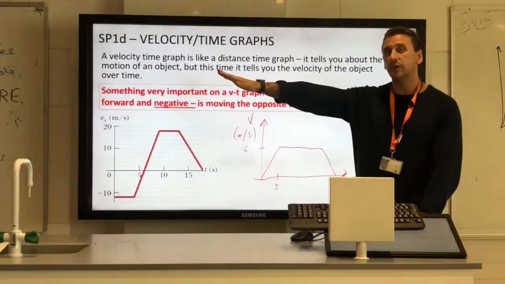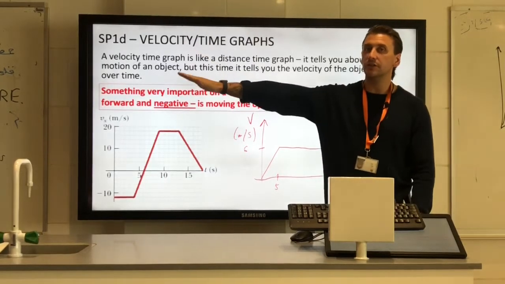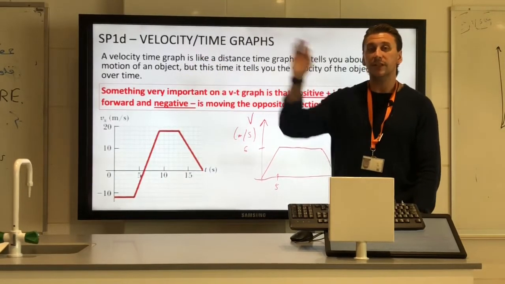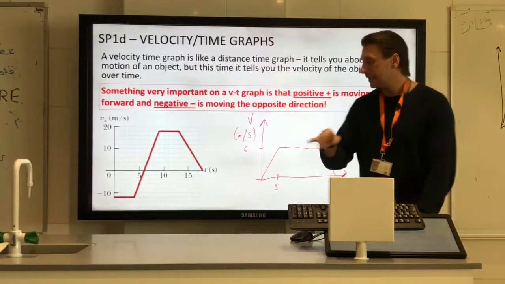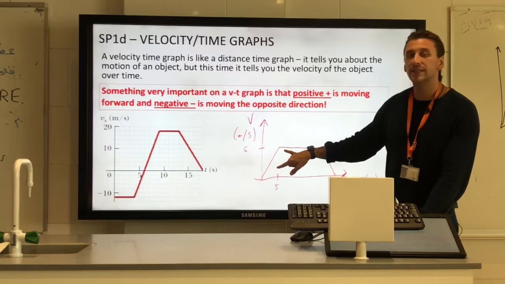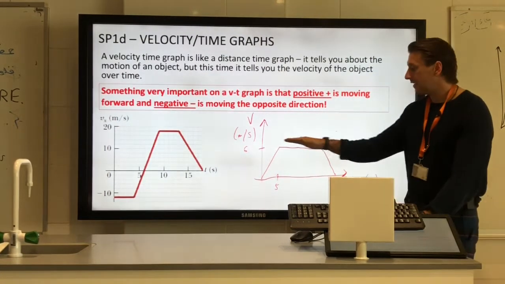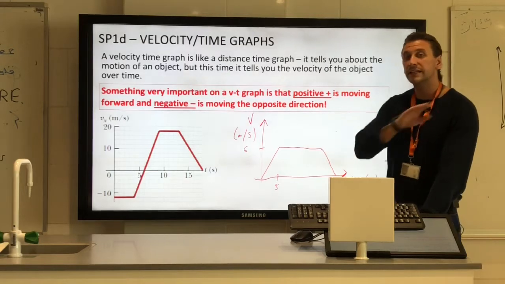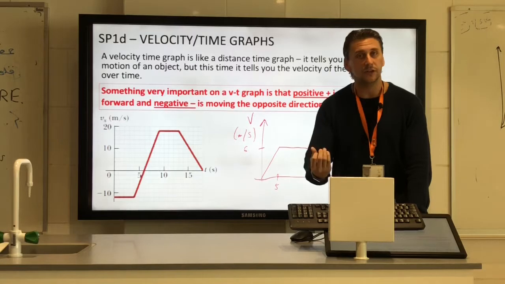It's traveling with constant velocity, 6 meters per second, but it is not accelerating because we said acceleration was a changing speed. So here, it's increasing its speed, which means it is accelerating. Here, it's constant velocity, it's traveling at constant speed, but it's not accelerating because its speed is not changing.